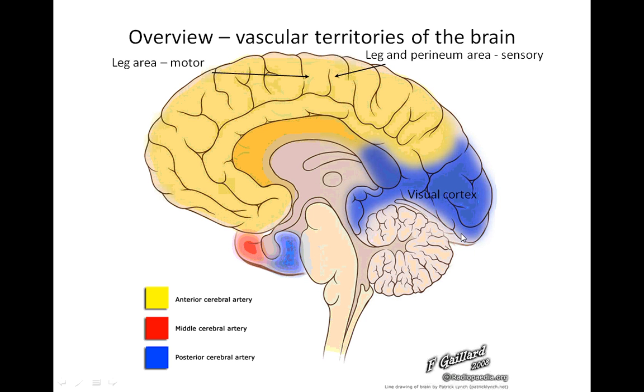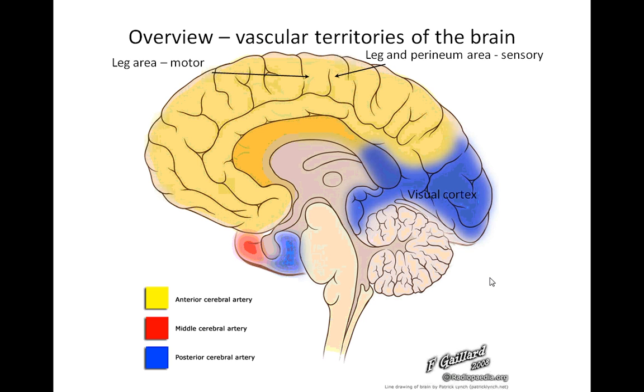The fact that the middle cerebral artery creeps around and supplies the occipital pole means that the macular area is sometimes spared of vascular damage or ischemia, which means you get a phenomenon called macular sparing. So that's what they're talking about. It's the fact that the macular or central area of vision is spared by the middle cerebral artery.